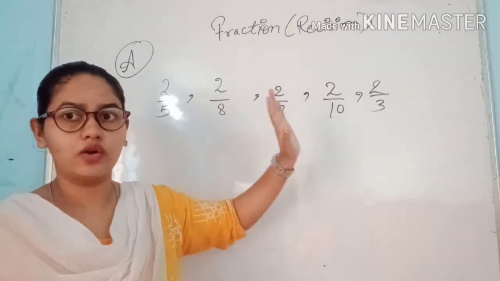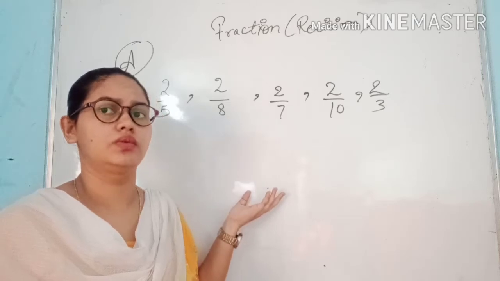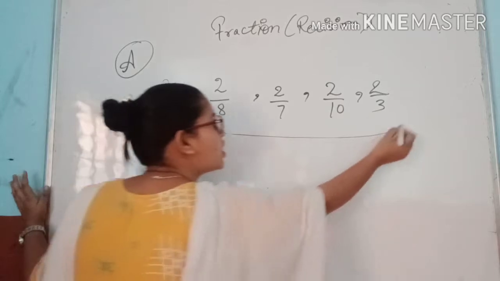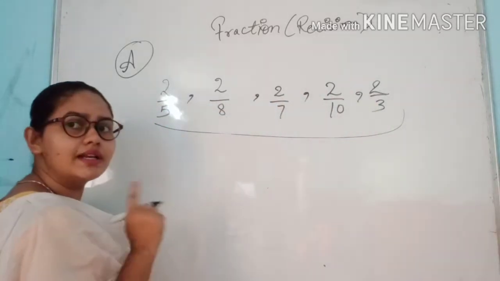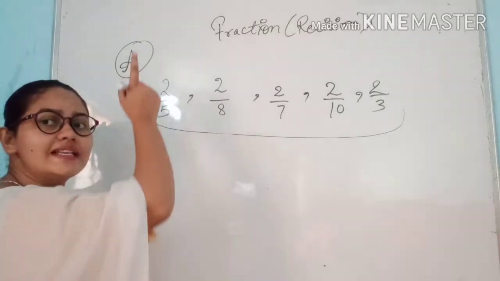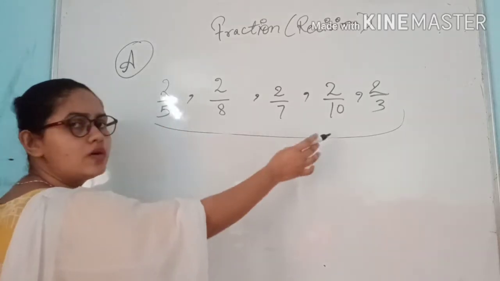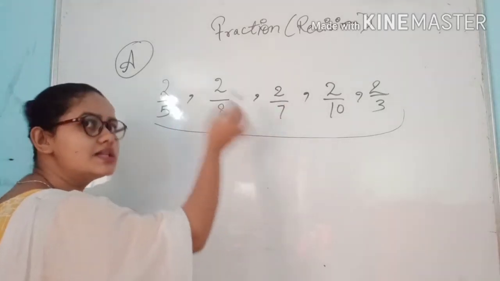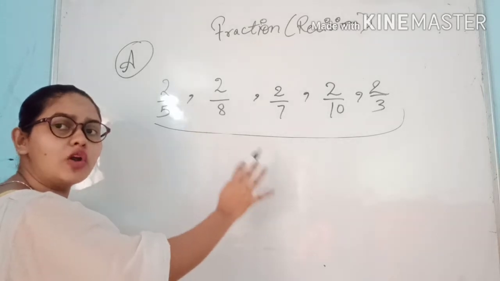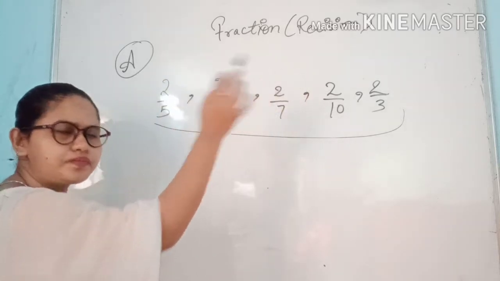So whenever this kind of sum comes to you, remember that the denominators are always written in descending order in an ascending sum. And the same thing when we do a descending sum: we will take the smallest in front, following the ascending order.